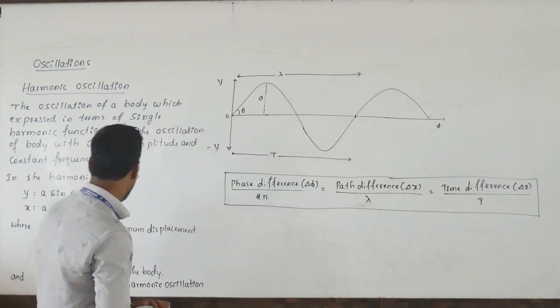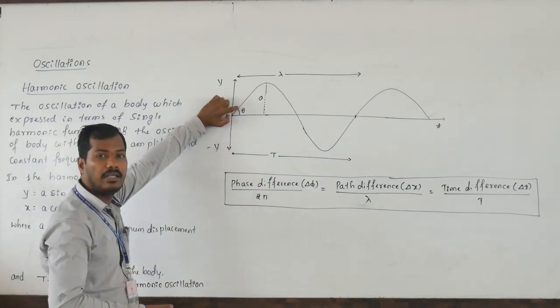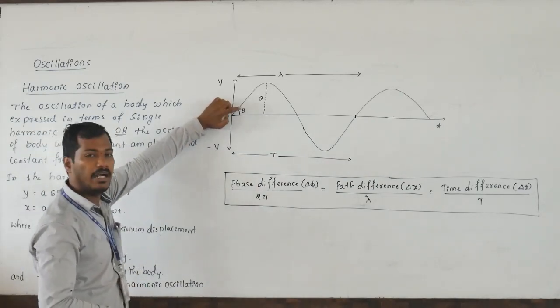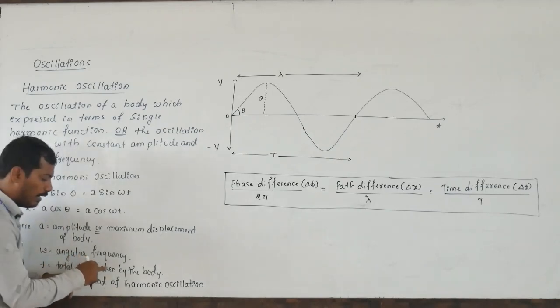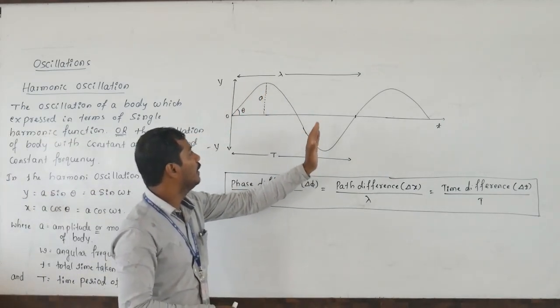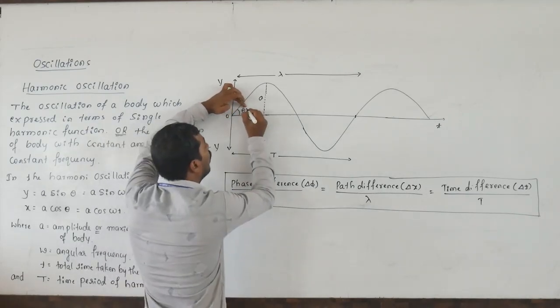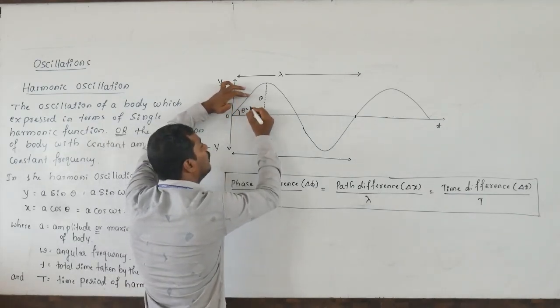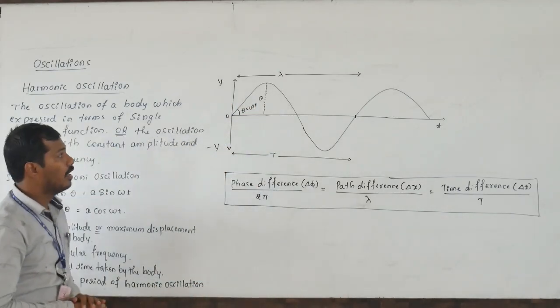Another one is what is meant by this angle theta. Here I mentioned theta, but here we are taking the angular frequency omega and t, the total time taken by the body. When it starts to oscillate, it makes a certain angle, this phase theta should be in terms of omega t. How does it become?